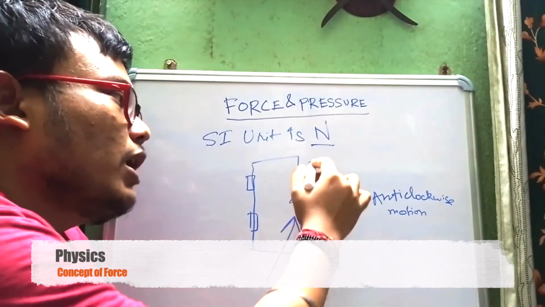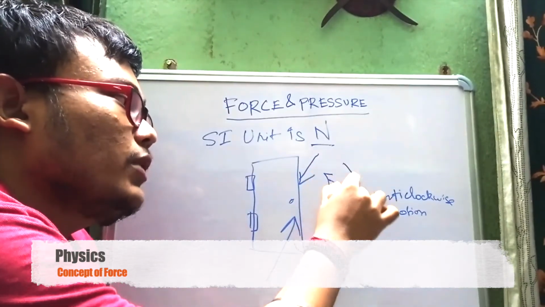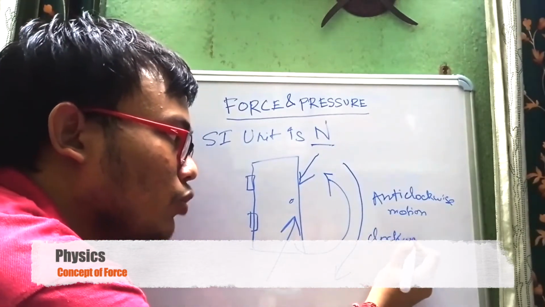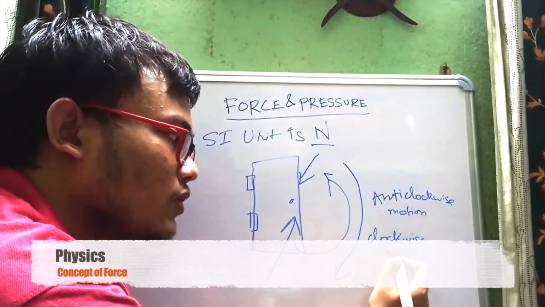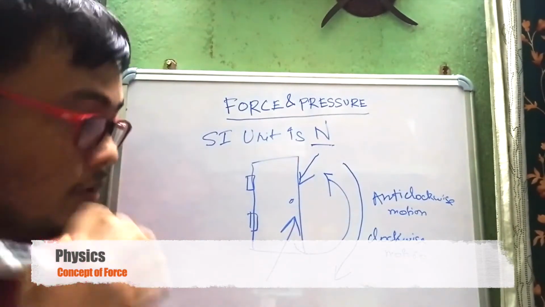However, if we apply force from the other direction, the motion of the door will be clockwise. So, moment of force is responsible for clockwise or anti-clockwise motion of a body.